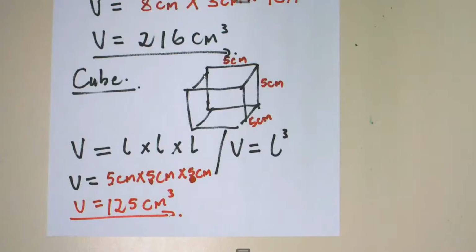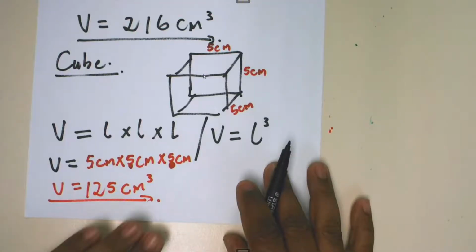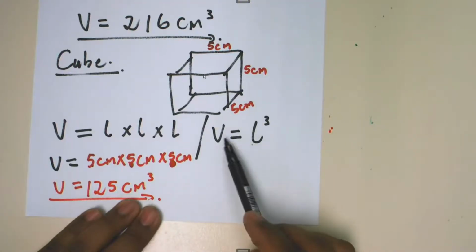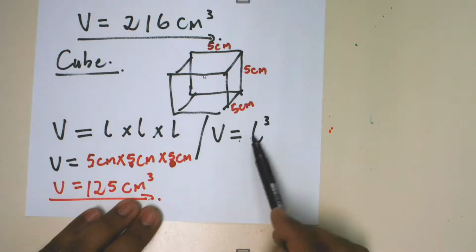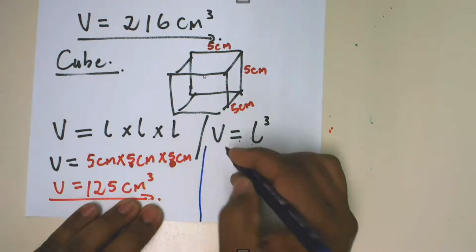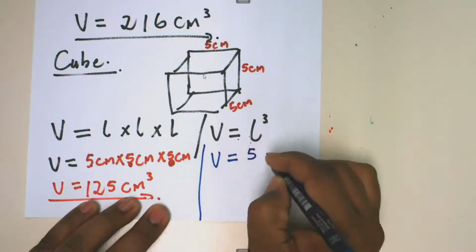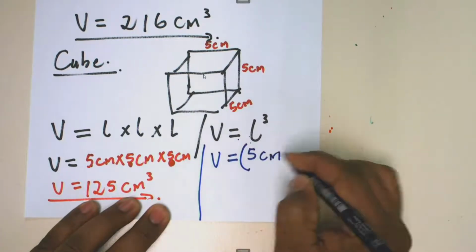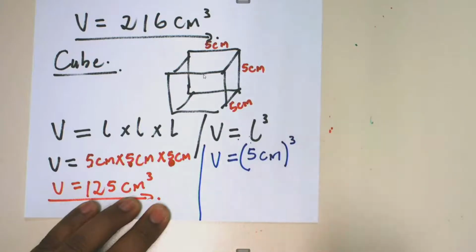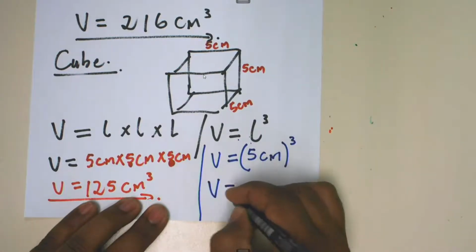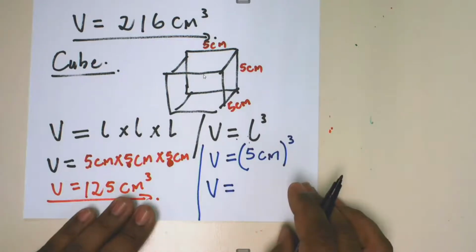But first, let's check as to how another learner can do this. If you have written your formula as V is equal to L to the power of 3, you are not wrong. You'll have V is equal to 5 centimeters, everything is raised to the power of 3. You'll remember when you were busy, as I said earlier, with the exponents.